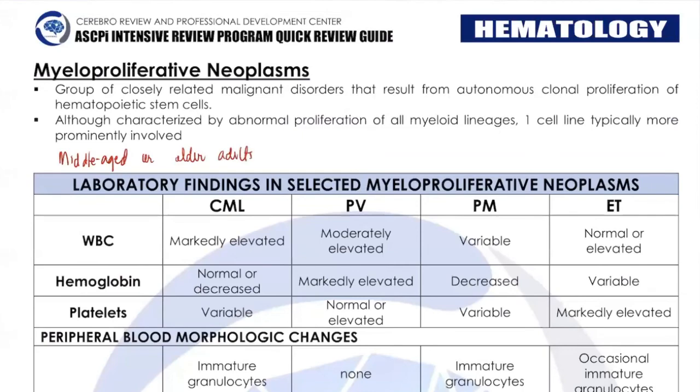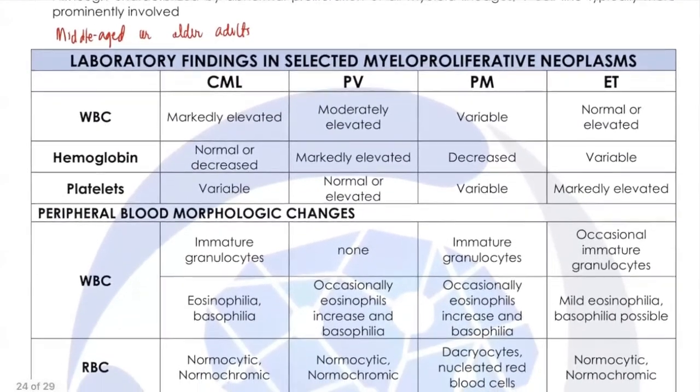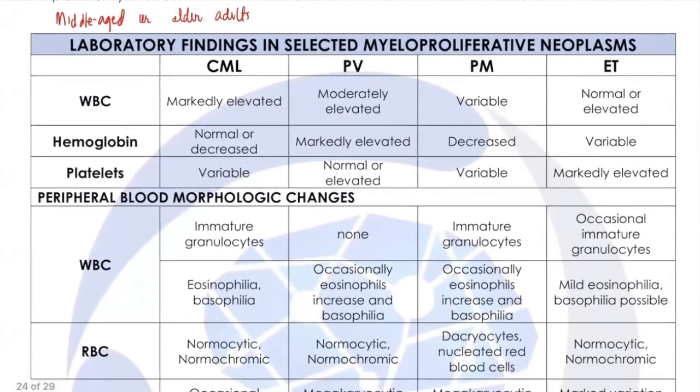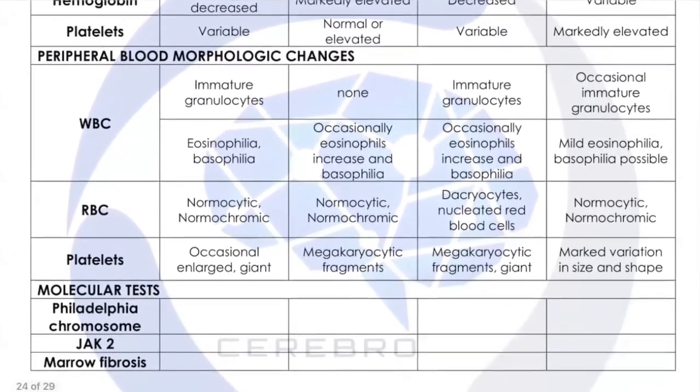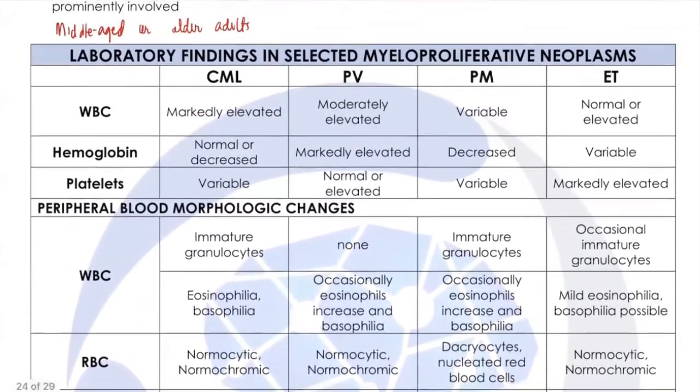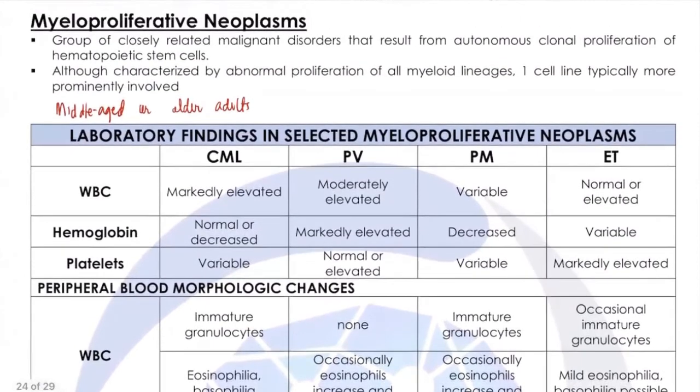So here, for better studying, I grouped these four, together with their characteristics when it comes to their peripheral blood morphologic changes and their molecular tests. First, we have chronic myelogenous leukemia. What should we remember when it comes to CML?